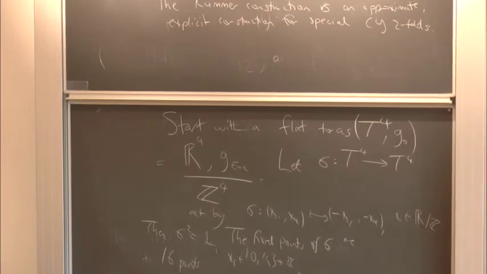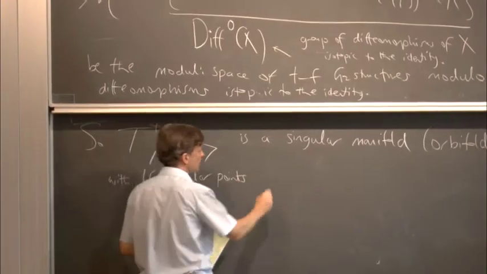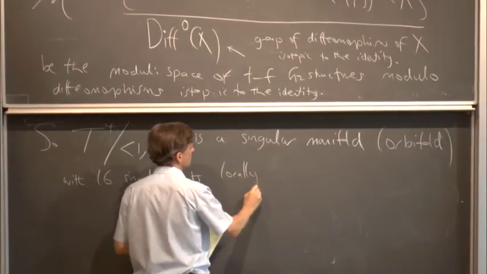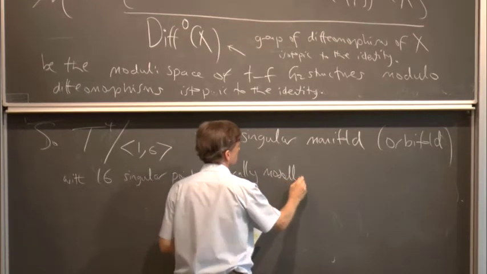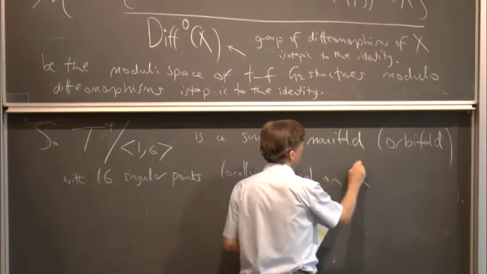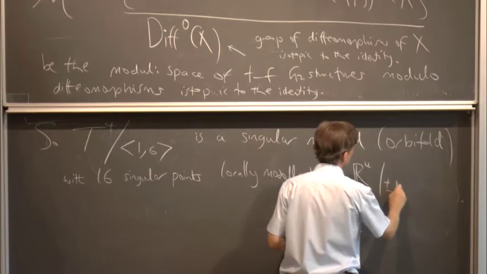This is a singular manifold of a kind known as an orbifold, with 16 singular points, which are locally modelled on R^4 divided by plus or minus 1.